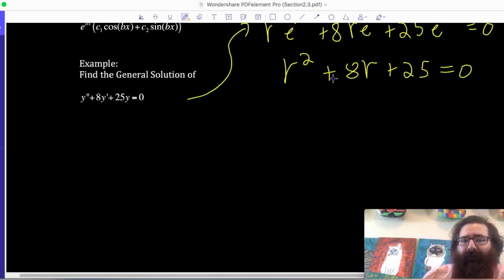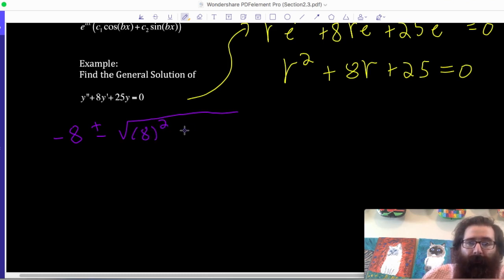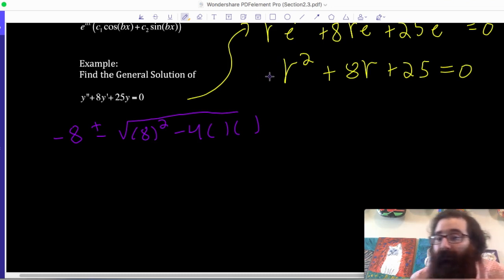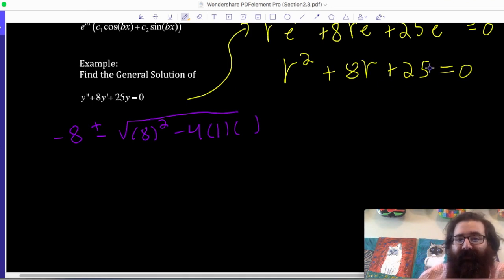So what is b? b is the coefficient on r, that's 8, and I want negative b. So negative 8 plus or minus the square root of b squared, that's 8 squared, minus 4 times a times c. a is the coefficient on r squared. I don't see it. So if you don't see it either, that means it's a 1. And c is my trailing constant, c for constant, c for Corey, that is 25.